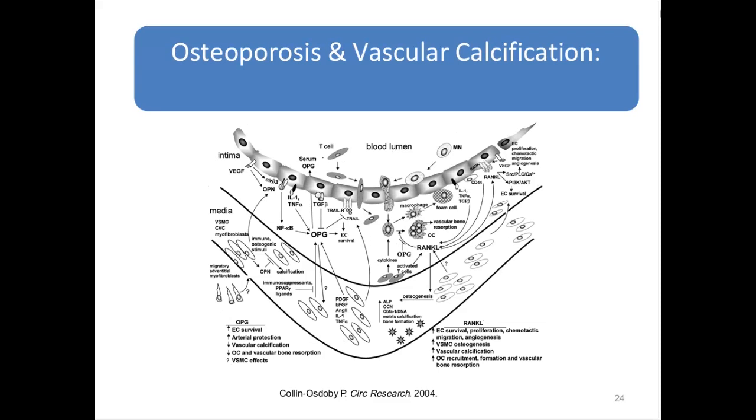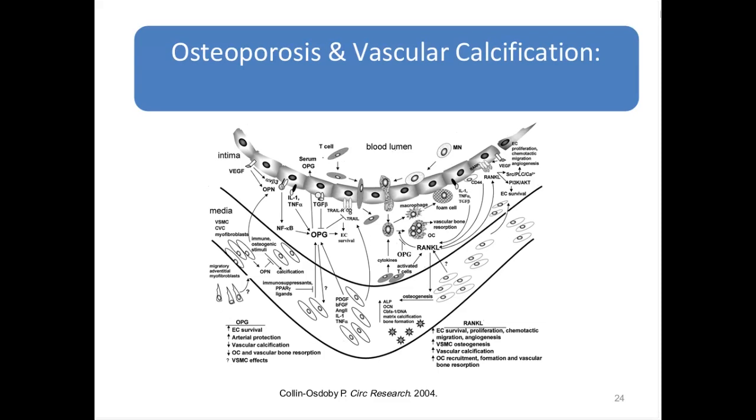The reason I've got this slide here is not because we're going to go through all these mechanisms, but just to emphasize that each one of these proteins and factors is involved in a different mechanism, all contributing to vascular calcification. So it is not a simple imbalance of calcium from one location to another.